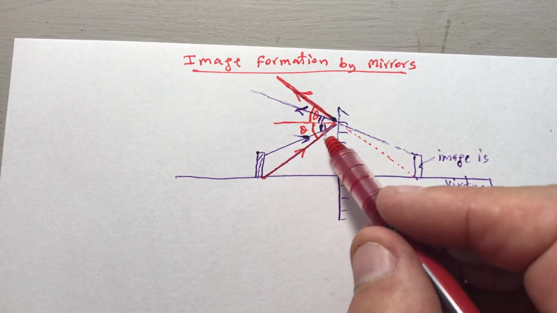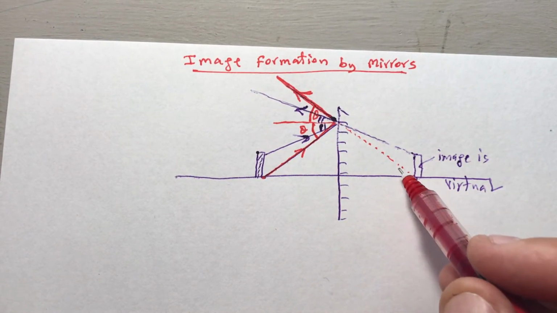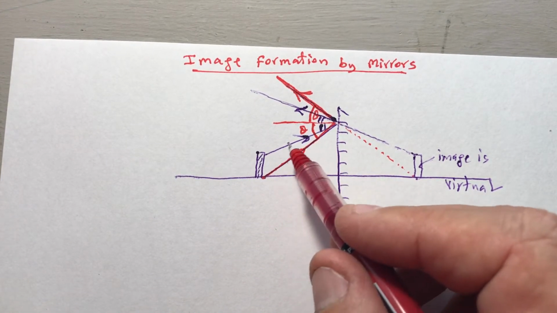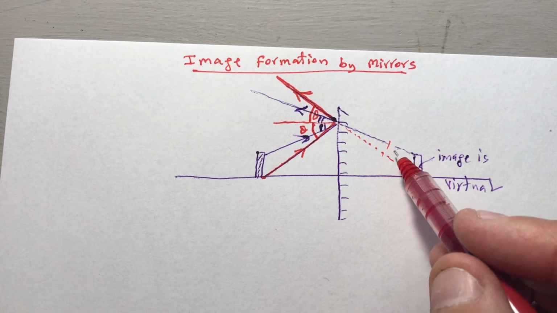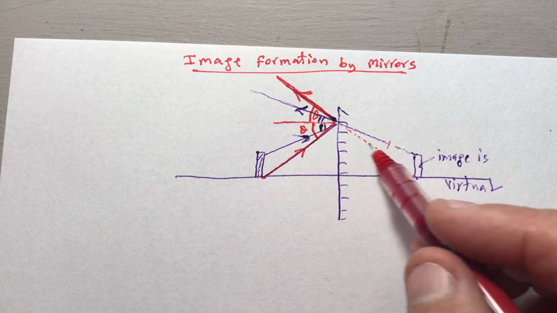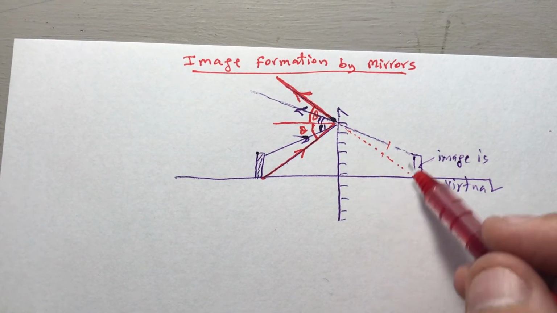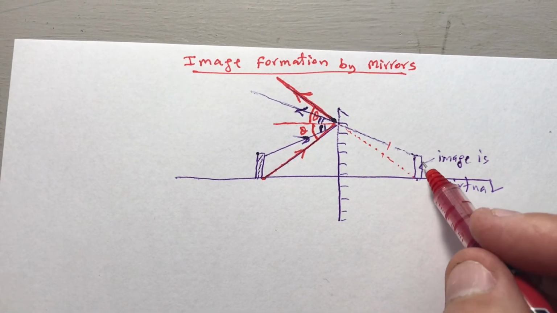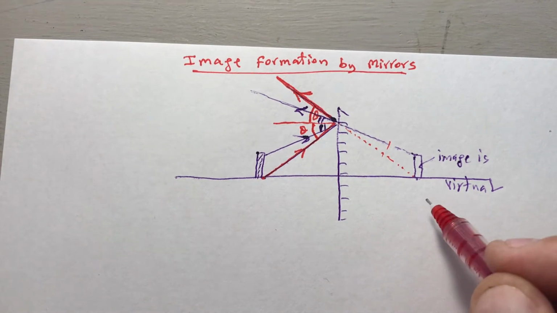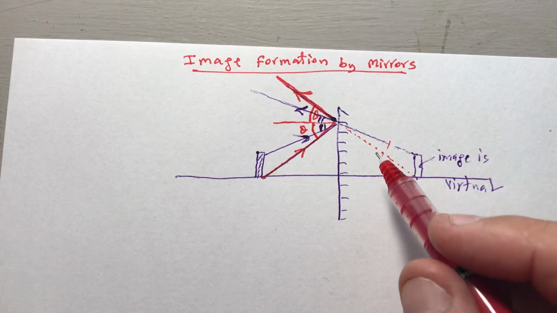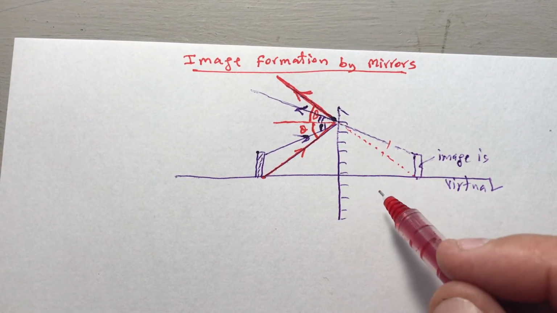You see these red rays? There's a projection. And this blue or purple ray, projection. So this here is not light. It's just the projection of light on this area here. So the image is virtual. It's not made by light, only by the projection of the rays of light.